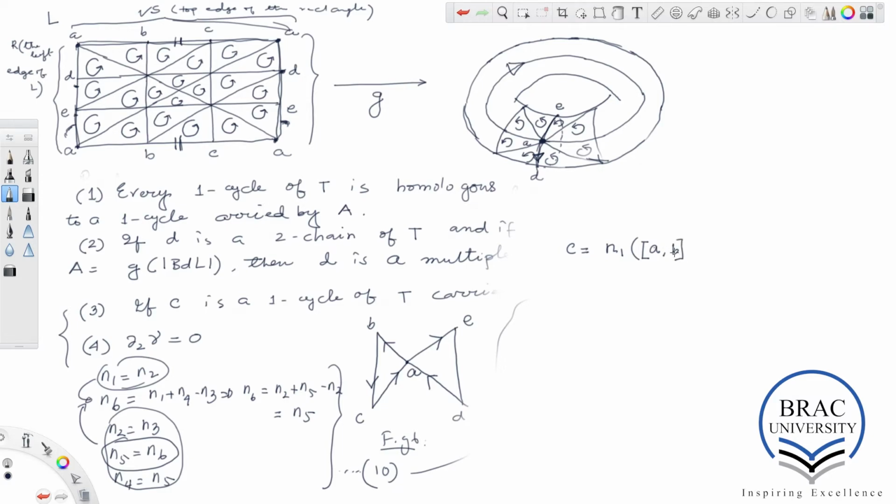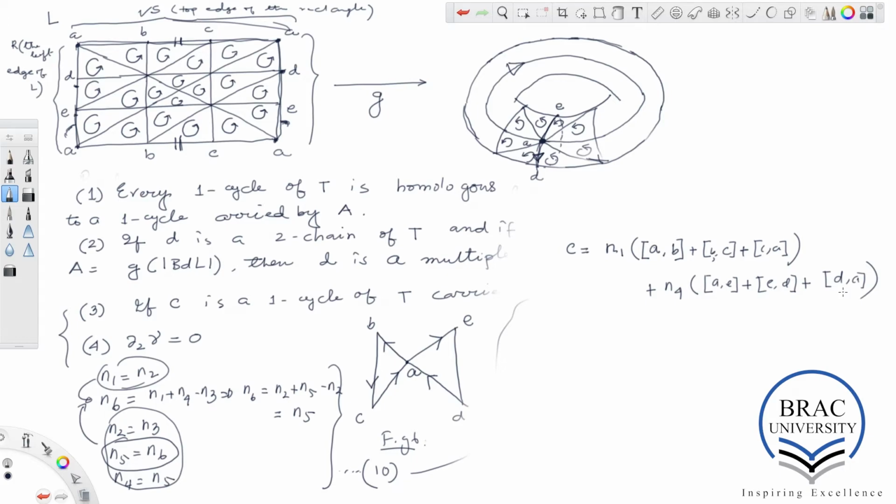So n1 is the coefficient of all three one chains, a comma b, b comma c, and c comma a. n4 can similarly be factored out from the sum of the three elementary one chains, which are AE, ED, and DA.